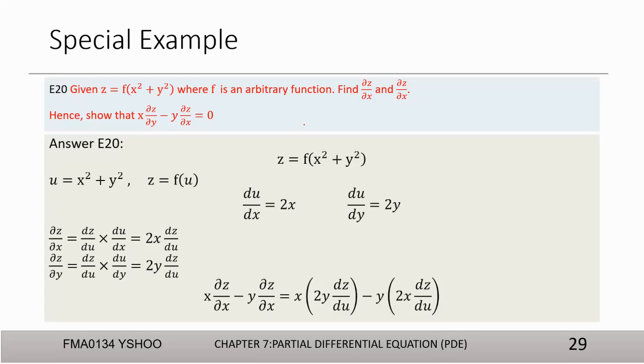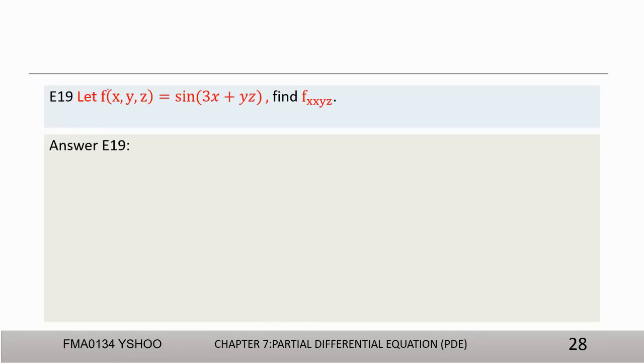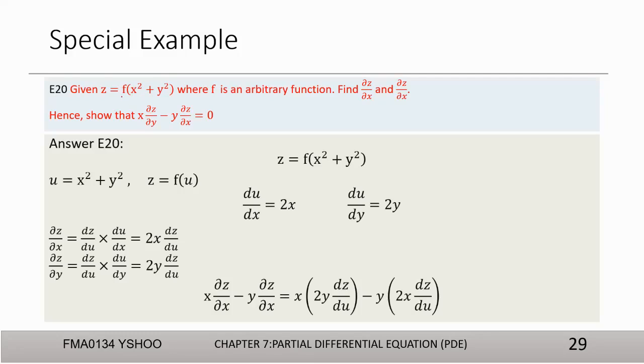Okay, and then this one is a special example. Why I name it a special example is because if you look at the question, given z is f of x squared plus y squared, the previous one was let f of x, y, z equal to sine 3x and so on, but this one is very weird.